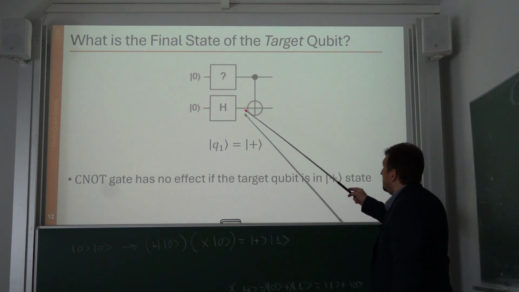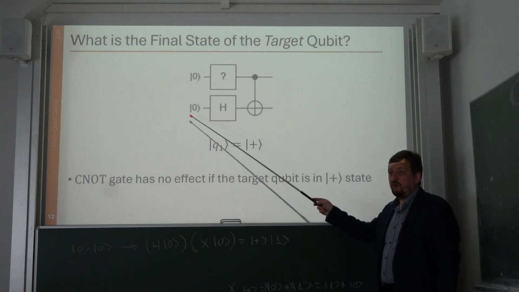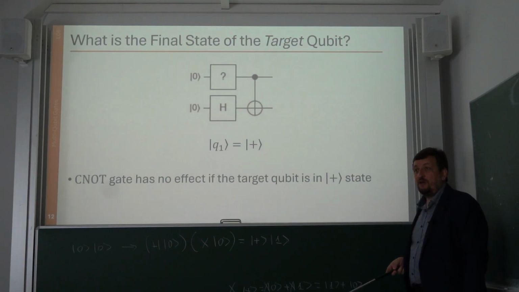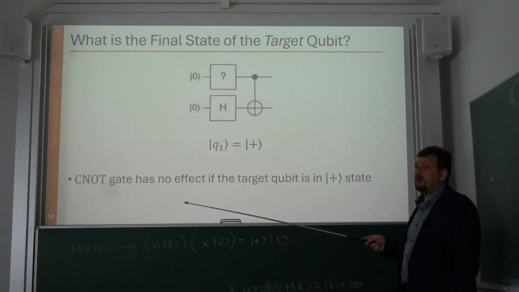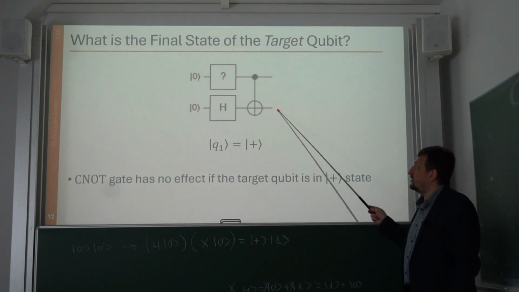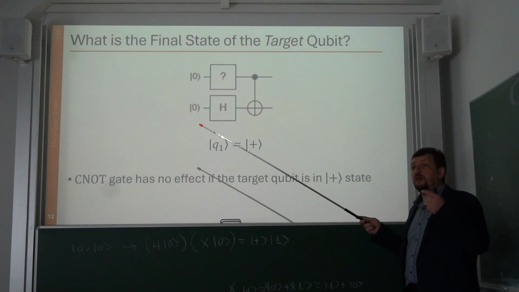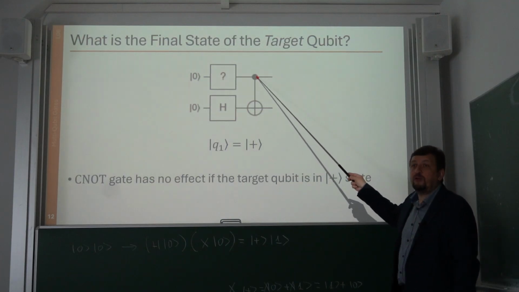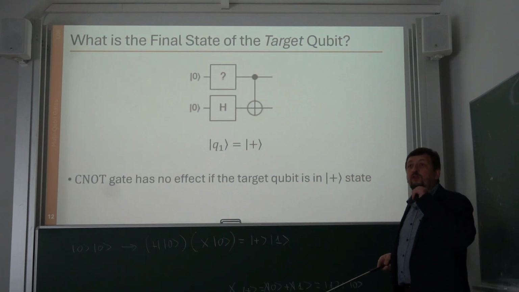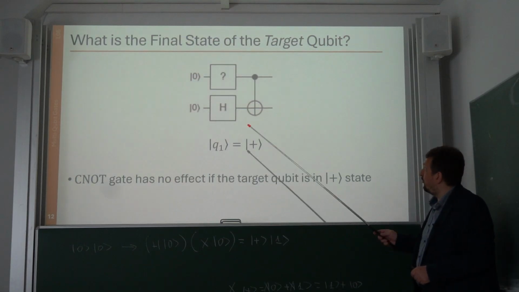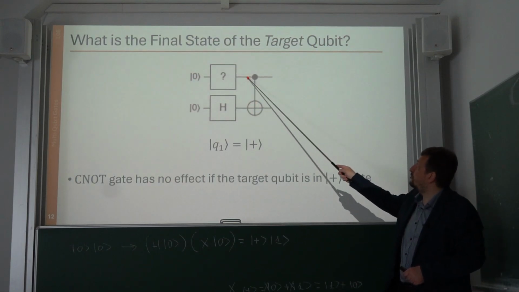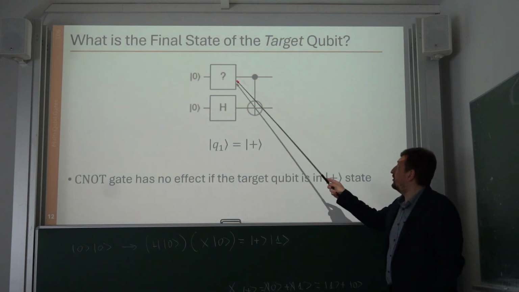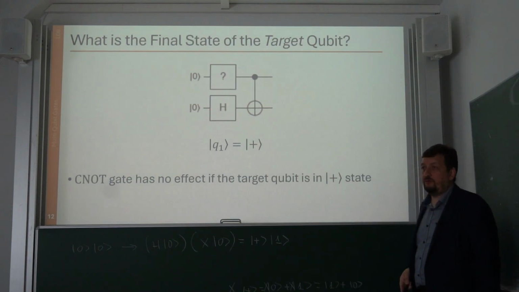So if here instead of state plus I have minus, I have X and then the Hadamard gate and then control X, what will happen? Such a circuit will not change anything with this state, but it will flip that component of the wave function for which at this point we have 1. So it will flip the sign only of components for which this control qubit has 1. And if the control qubit is 0, well, then it will do nothing.